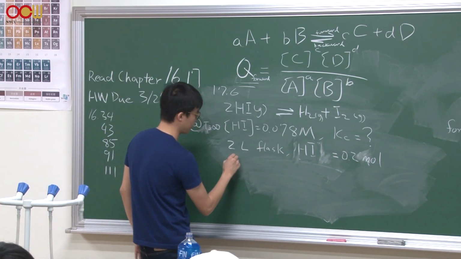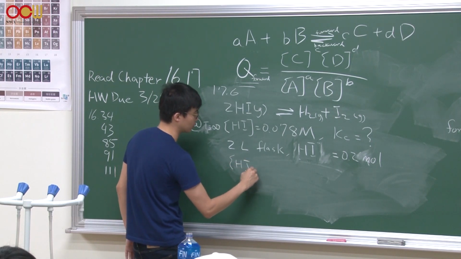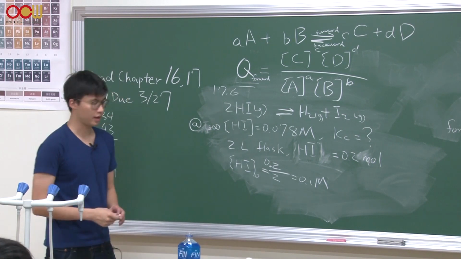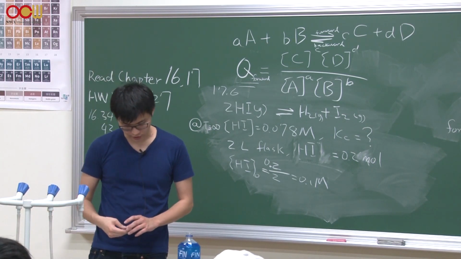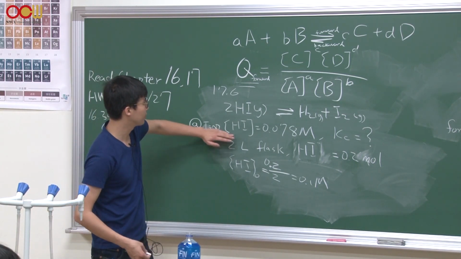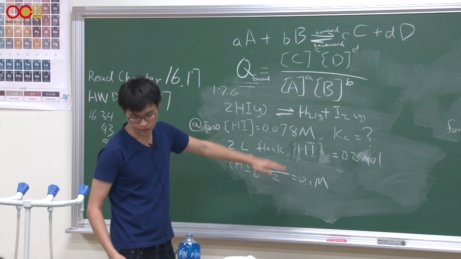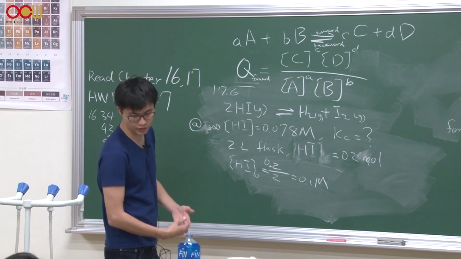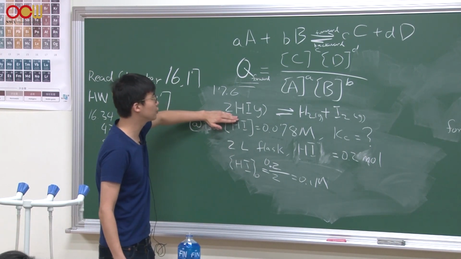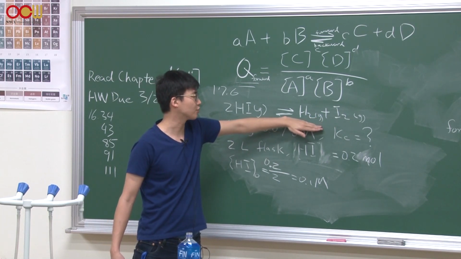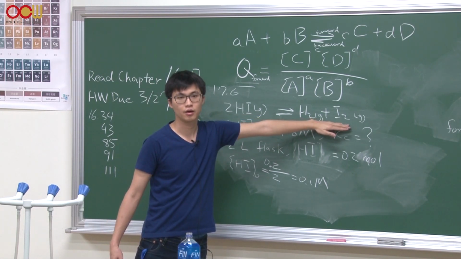From here, we can figure out our initial concentration. And then by looking at the equation, at equilibrium, this is your final amount, okay? We know it consumed 2 moles of HI and gives you one of each of hydrogen and iodine, correct?